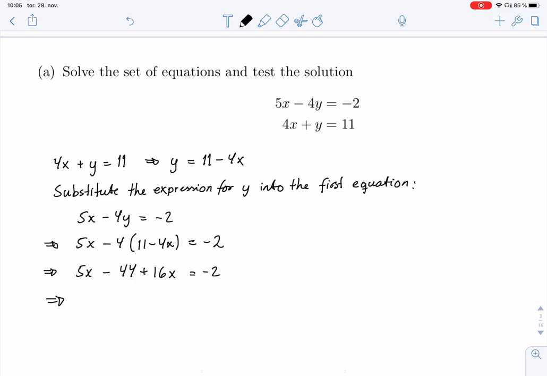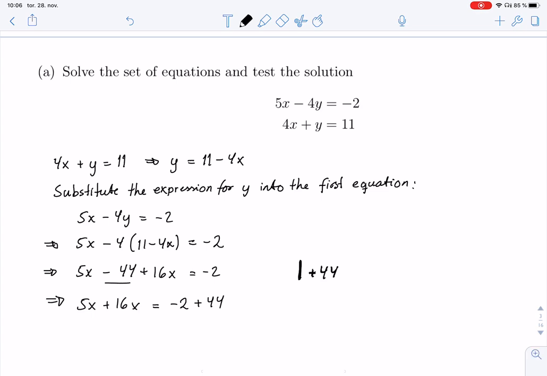And that will give us 5x plus 16x minus 44 equals minus 2, and we move the minus 44, or we could say that we add 44 on both sides. You can use that notation if you want: a vertical line and then something that says that you do that on both sides.